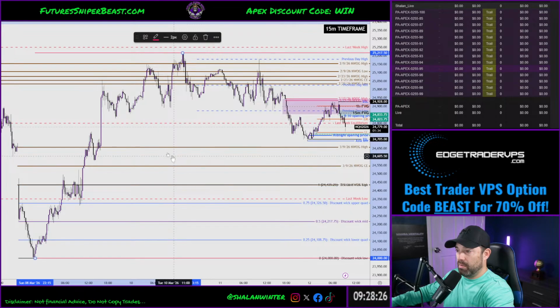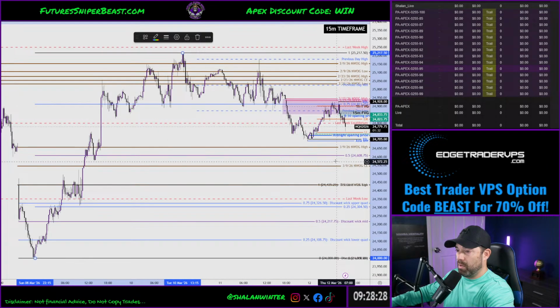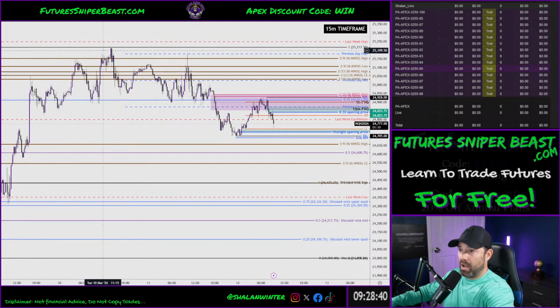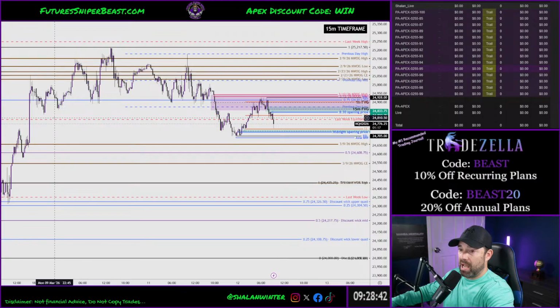So we are pulling back. If I look at that, 608.75 right here is equilibrium of this entire dealing range. And remember, I measured this big gap to see how much higher it could go if that's equilibrium. But we have come back down to here.